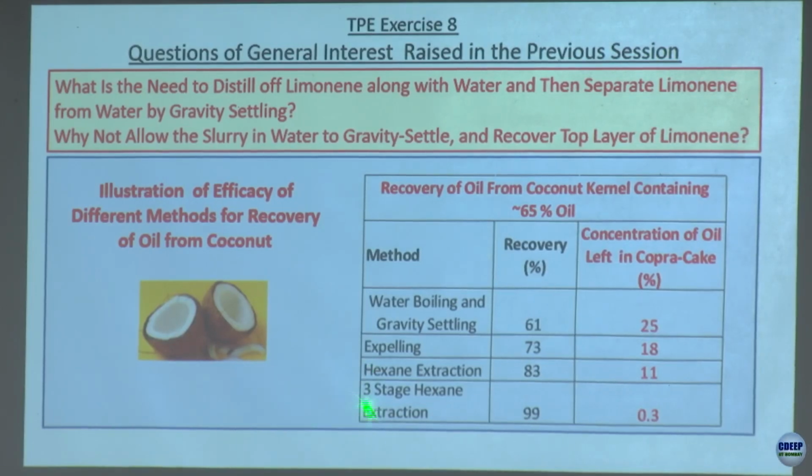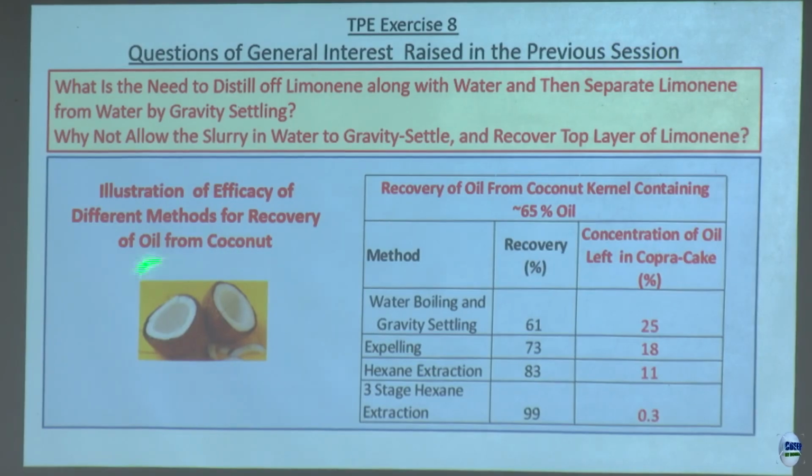So all those things are there, and the second thing is hexane extraction is an expensive operation because, depending upon the kind of plant that you have, you can get anywhere between say 0.5 to 3% loss of hexane per cycle, and that is too expensive also. So all those reasons are there. One is related to the quality of the material that you have, the second is related to the expenditure that you will have to incur.